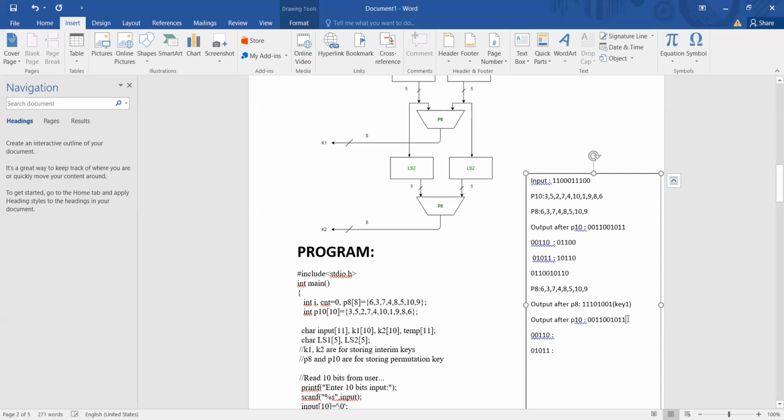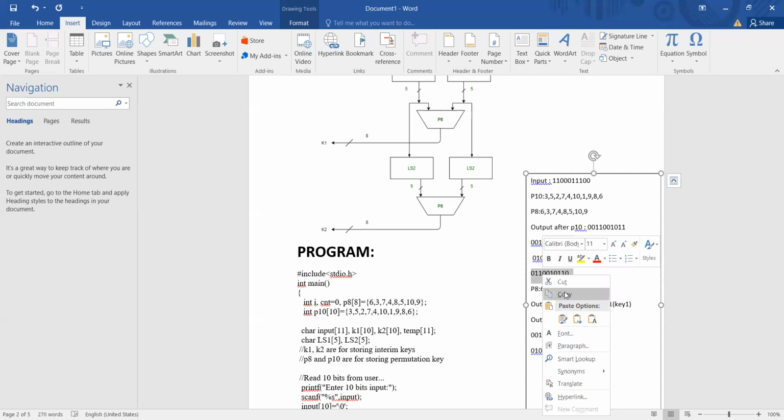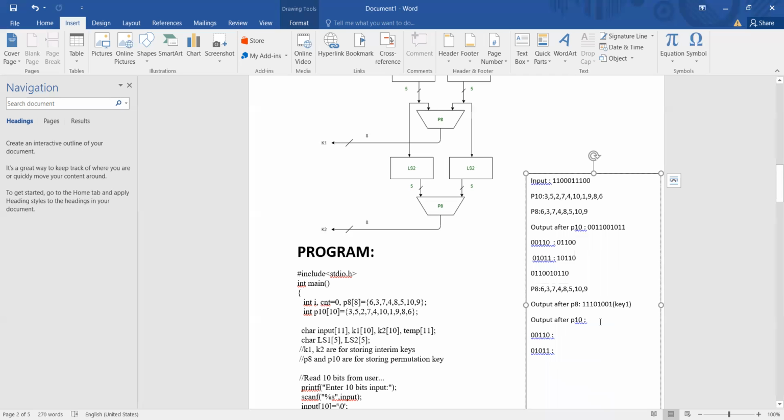Sorry, we have to do the left shift for this obtained 10 digit number which is obtained at this stage. So our left and right divisions will be 0 double 1 double 0 as the left part, and 1 0 double 1 0 as the second part.